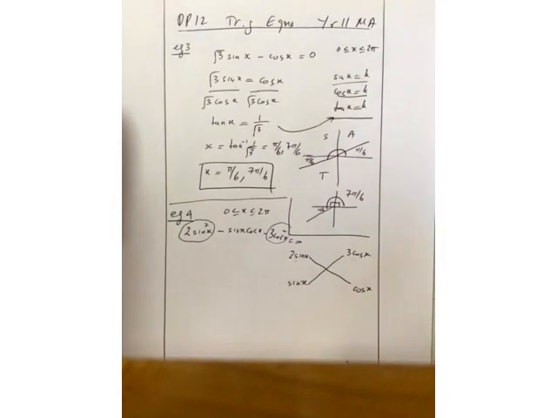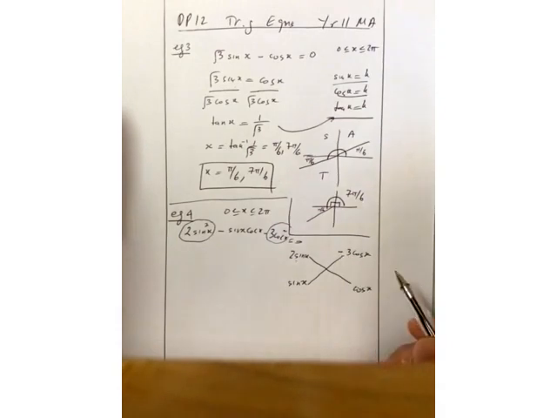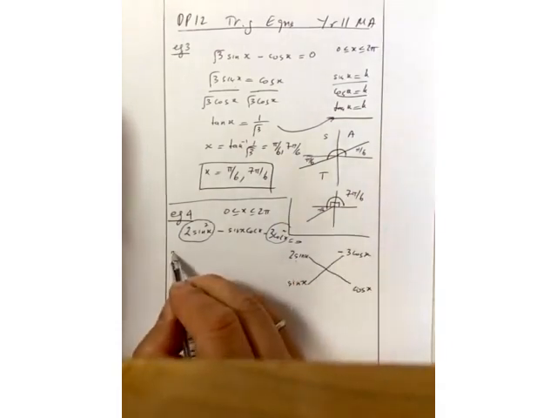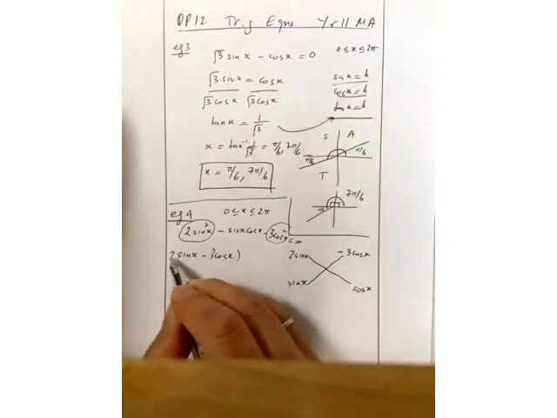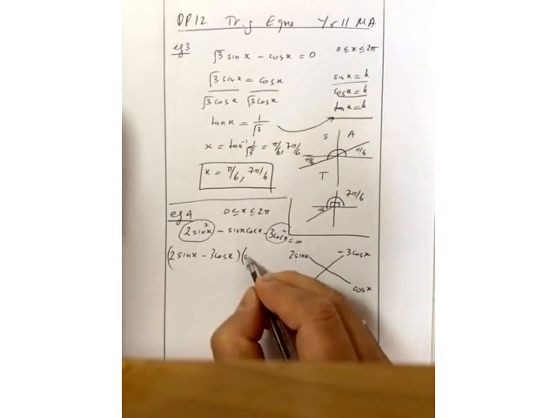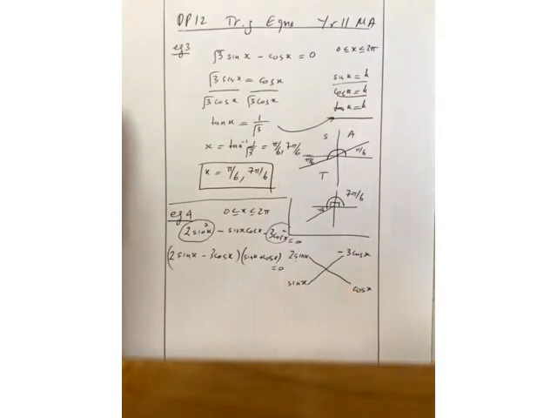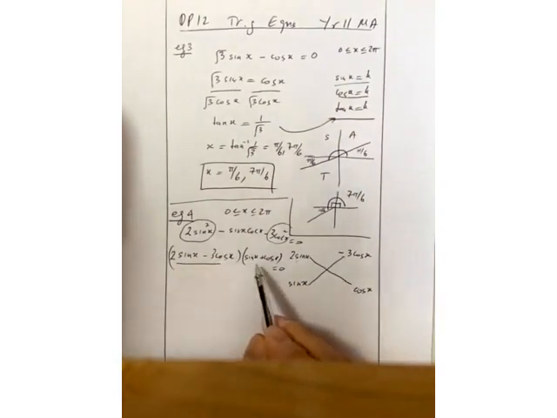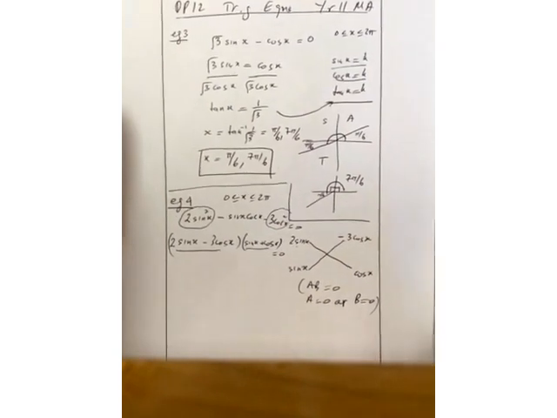So that means you want this to be minus. So this whole thing factorizes out to be 2 sine x minus 3 cos x times sine x plus cos x equals 0. Which means that if you have that times that equals 0, the theory is if you have AB equals 0, either A equals 0 or B equals 0, which is another theory in algebra that you learned earlier in the year.